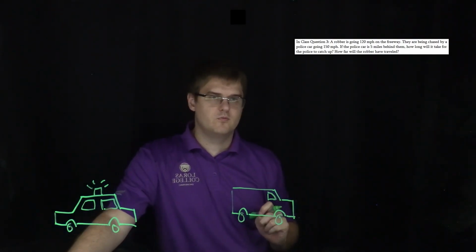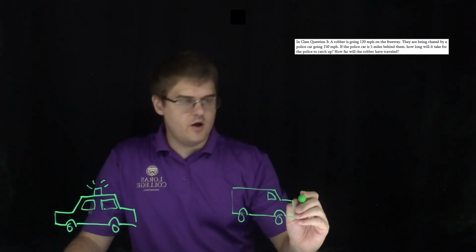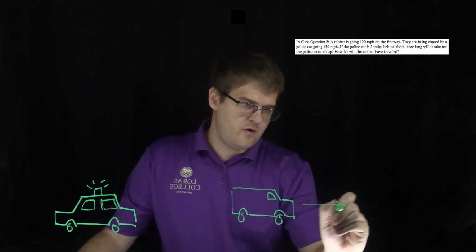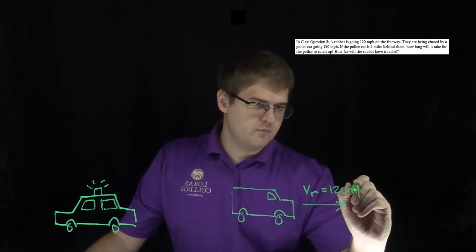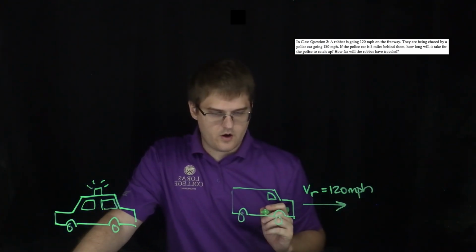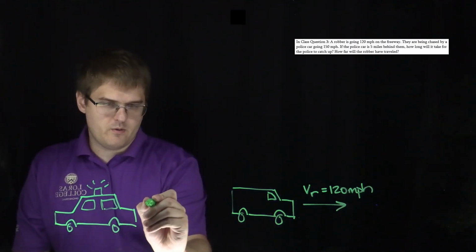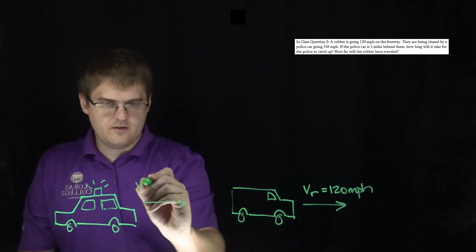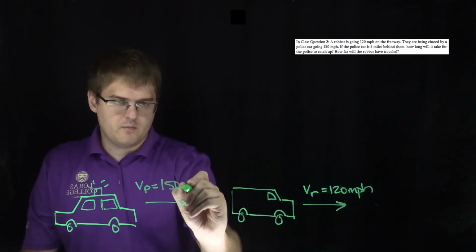Unidentified green minivan. We are told a robber is going 120 miles per hour. So we have this, which is going to be our velocity of our robber, is 120 miles per hour. On the freeway, they are being chased by a police car going 150 miles per hour. So velocity of the police car is 150 miles per hour.